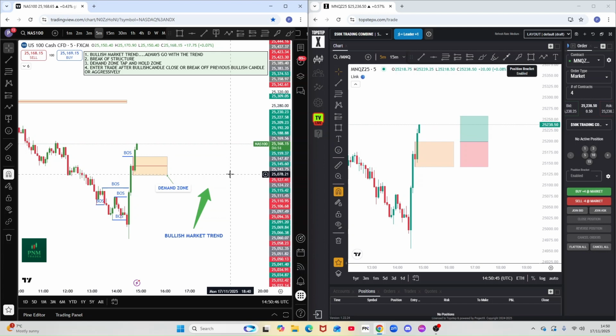If it doesn't tap, it's not our trade. Simple as that.